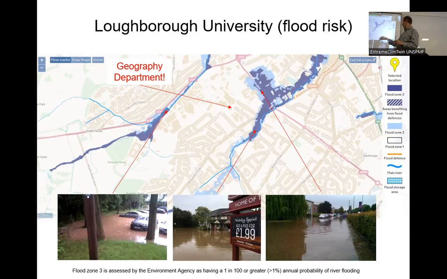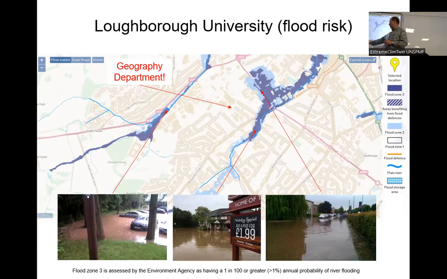In fact, I used to give lectures to second-year students in a building that actually sits in the floodplain, lectures on flood risk management. So that was always a bit ironic. It's a campus that's vulnerable to flood risk. So having an indicator of how that flood risk is changing through time can help the facilities and the management teams to understand how the risk and the impacts of that might be changing through time.